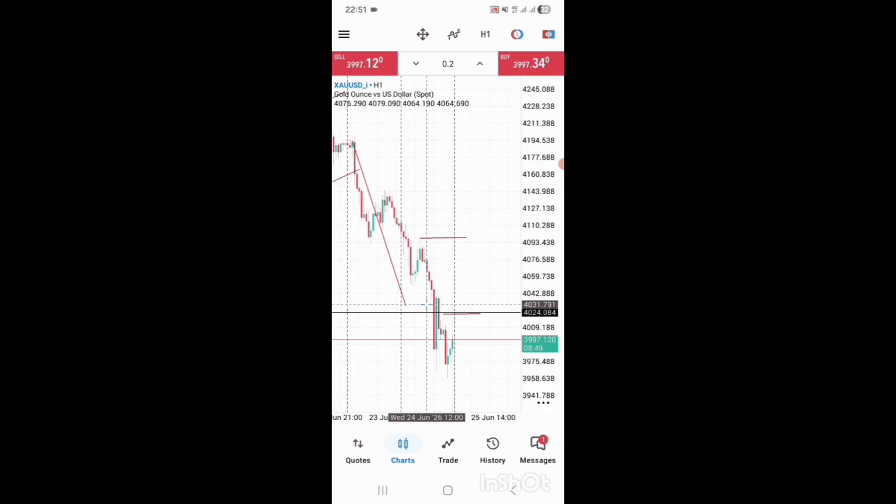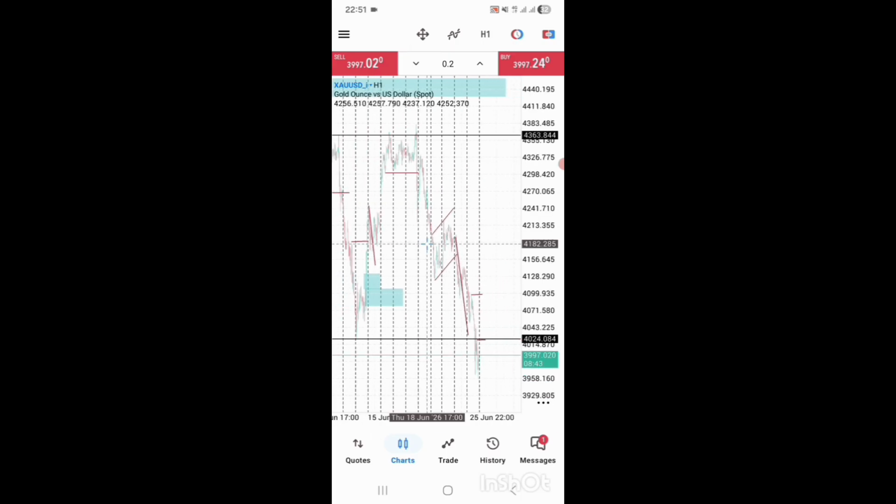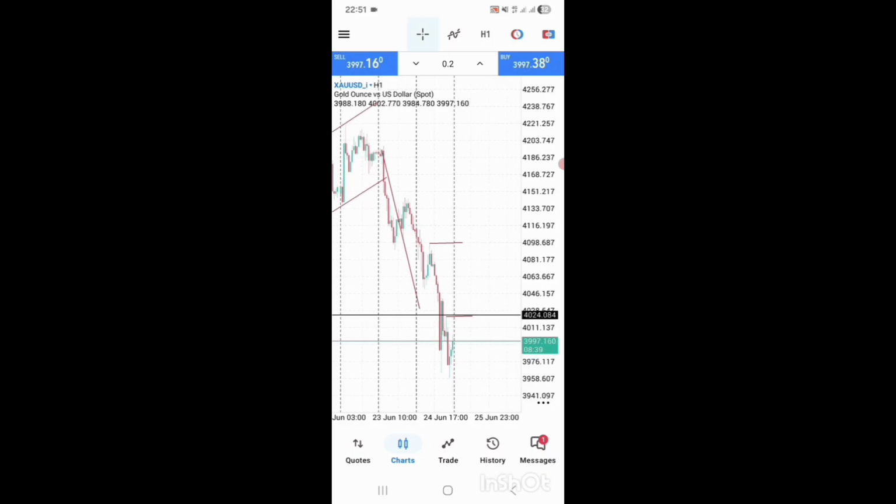However, price did go all the way down, took out this low over here, went down, created kind of a high here, went down.